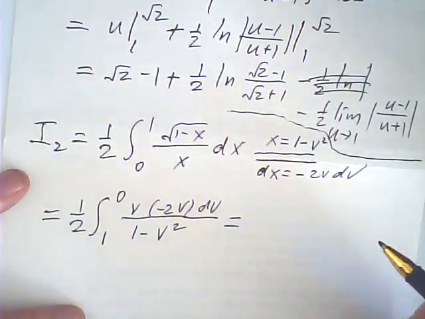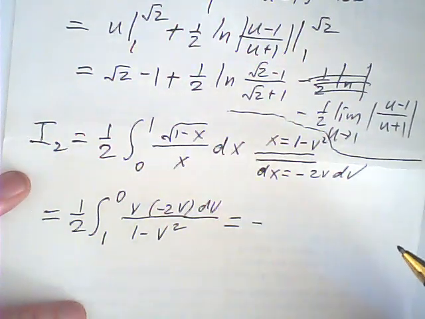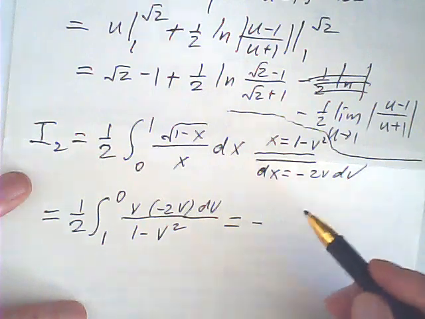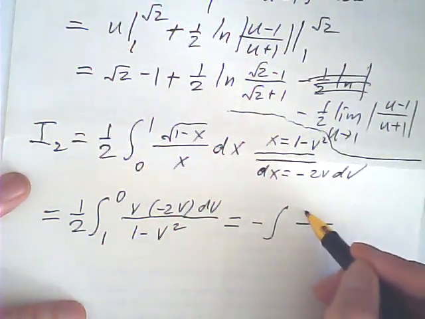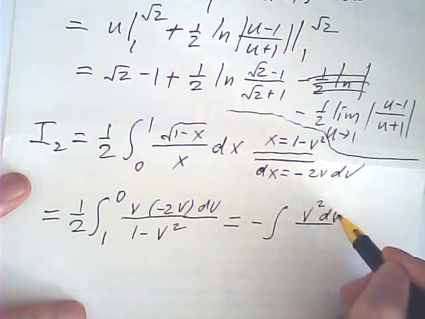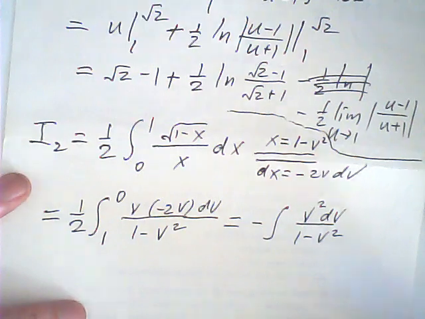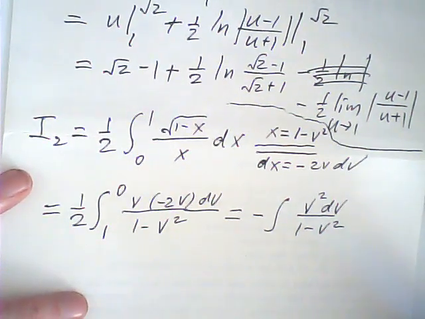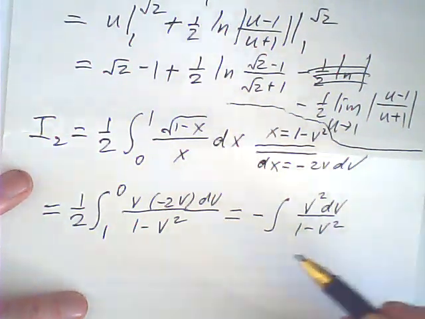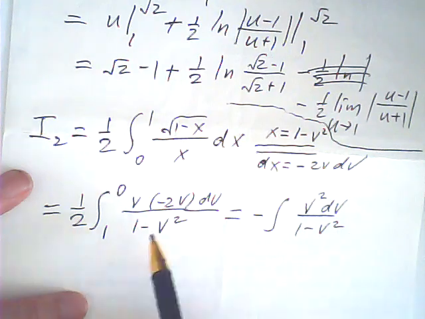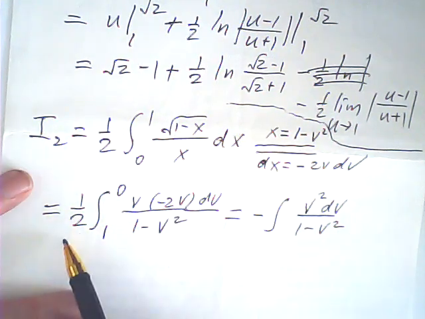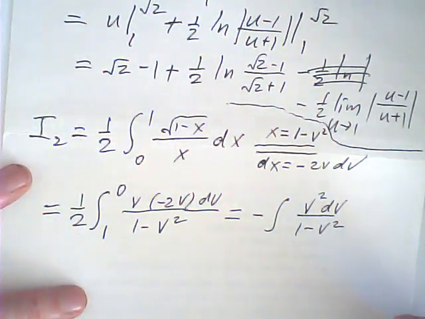So this one is equal to negative integral of v squared times 1 minus v squared dv, right? The 2 cancels the half.